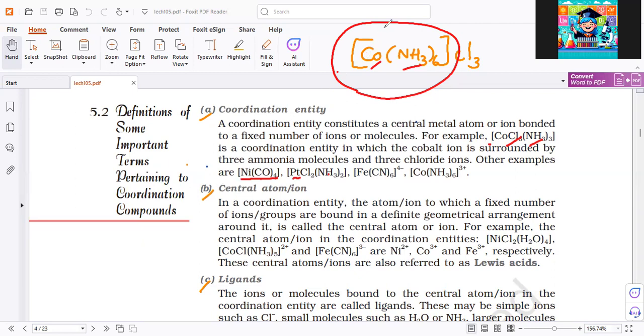Let's come to the next term, that is central atom or central ion. In the coordination entity, the atom to which a fixed number of ligands are bound in a definite geometrical arrangement is known as the central atom or ion. Here, the cobalt ion is the central ion in that coordination complex.